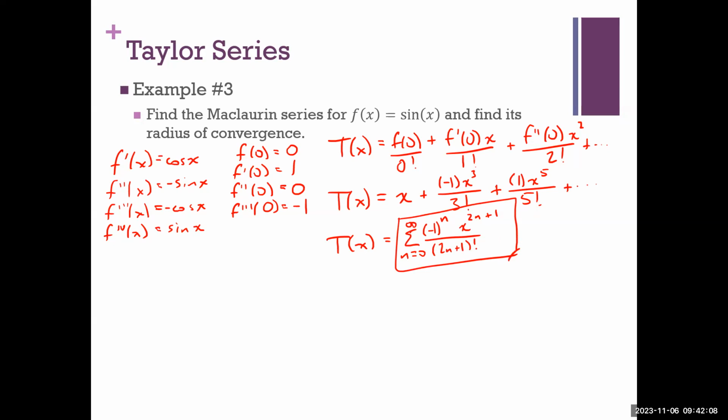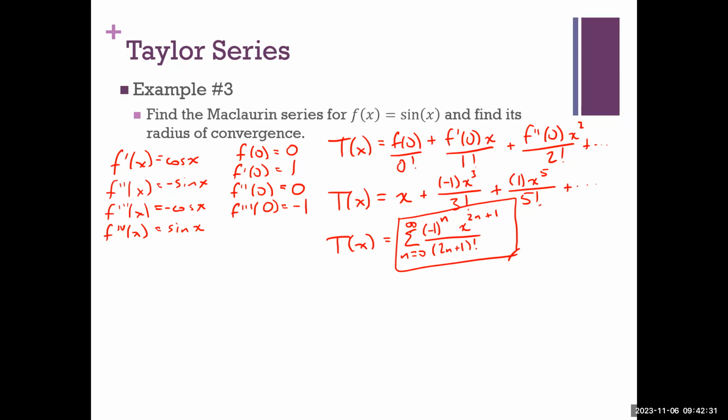How are we feeling? We would like to do the ratio test to see where this thing converges, right? Do we have any suspicion about how that's going to go? It's going to be all real numbers again, right?